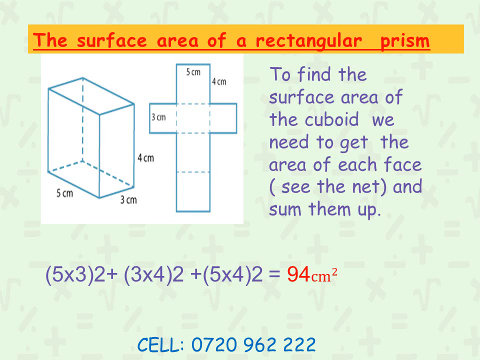And then we have the other face measuring 5 by 4, and there are 2 such faces, so we multiply by 2. So when we add that, then we get that the sum area of all the faces is 94 centimeters squared.